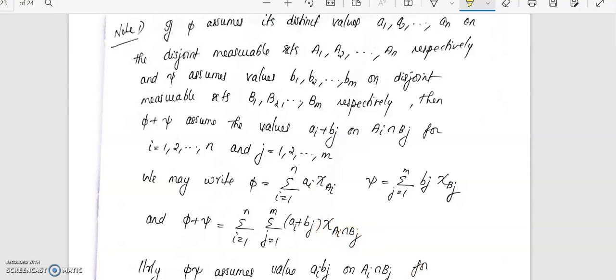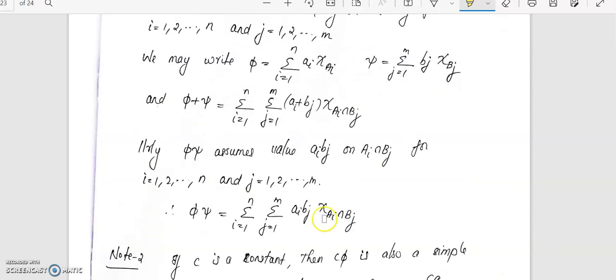Similarly phi psi will assume the value ai bj on Ai intersection Bj. So the product of simple functions can be written as summation over i, summation over j, ai bj into chi of Ai intersection Bj. This is how we represent the sum and product function in terms of characteristic functions.